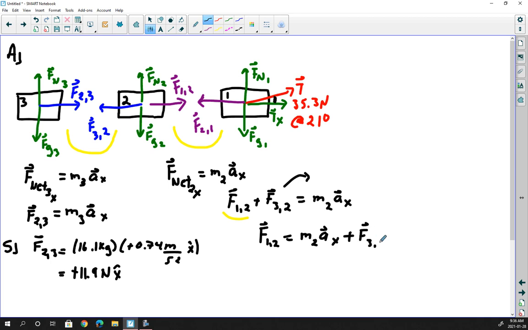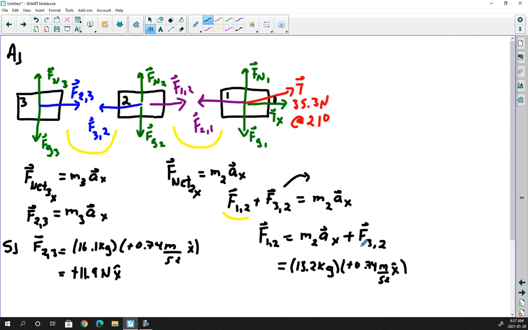There we have it. And now we're ready to substitute. So the mass of the second object, I think it was 13.2 kilograms. Acceleration was positive 0.74 meters per second squared x hat.